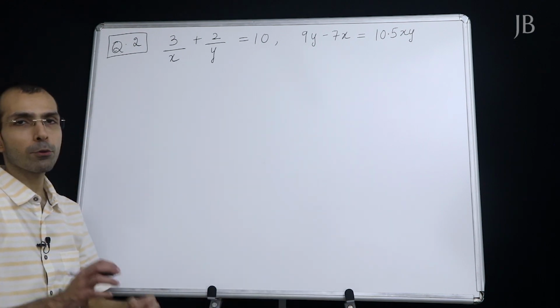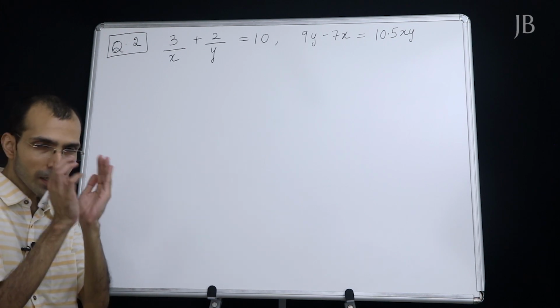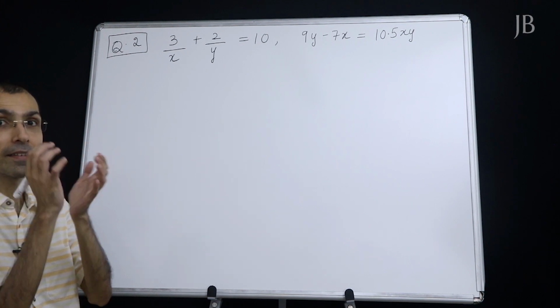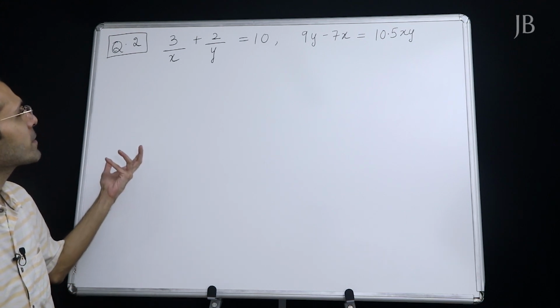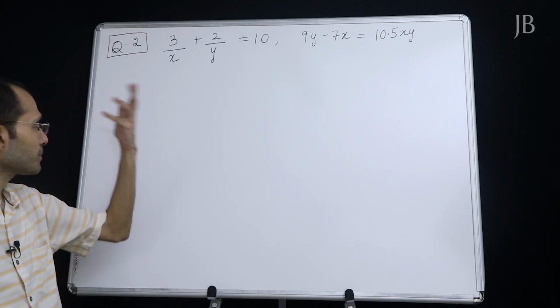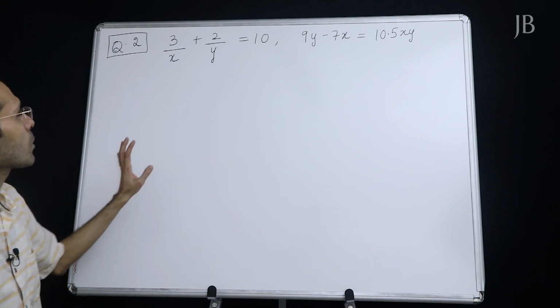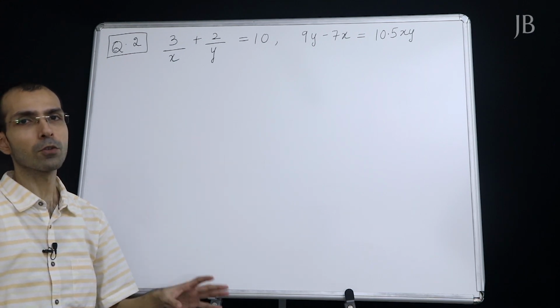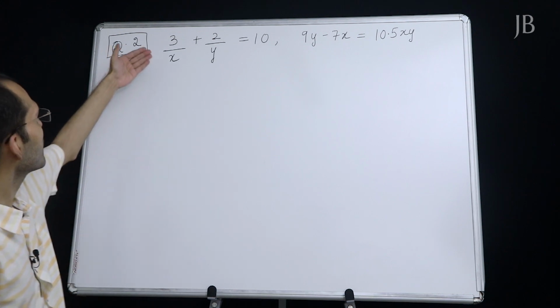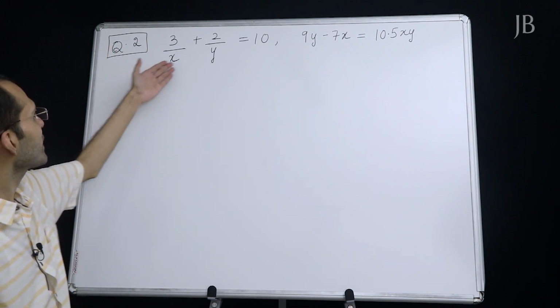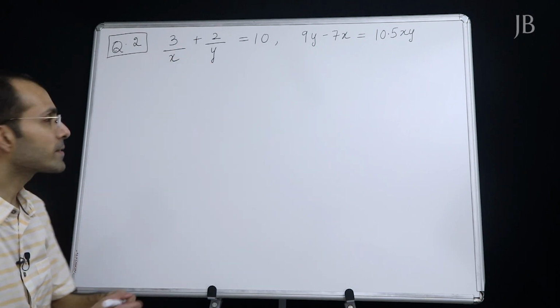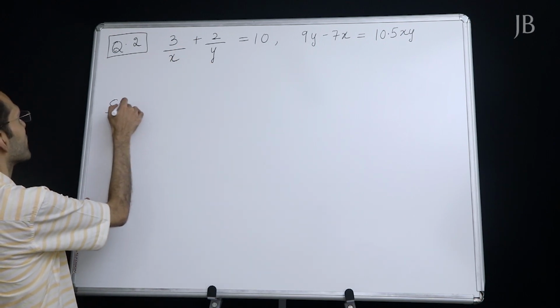Okay, now these are like product varieties, xy will come as a single entity, somewhere xy will appear. So there are different ways in which you can approach. Fine, I'll show you what is easy for most of the students. Now see, the variables are coming in the denominator. So you can directly take the LCM and let's see how we tackle this.